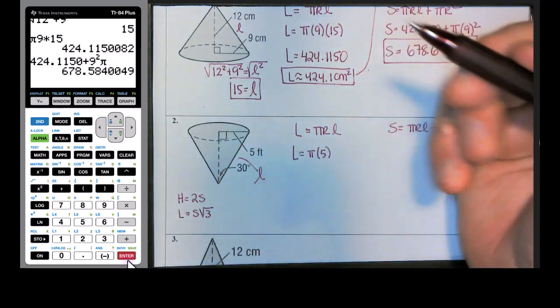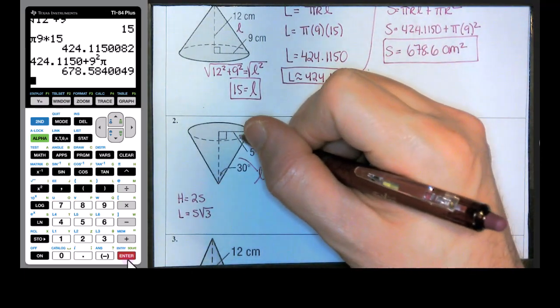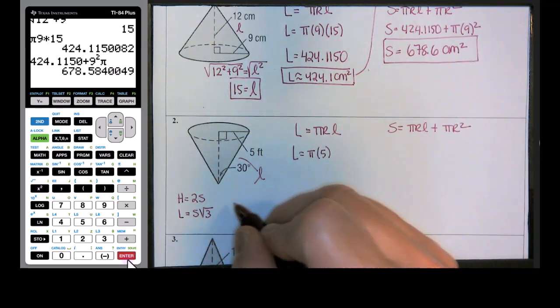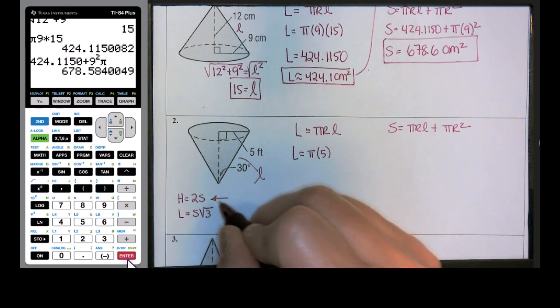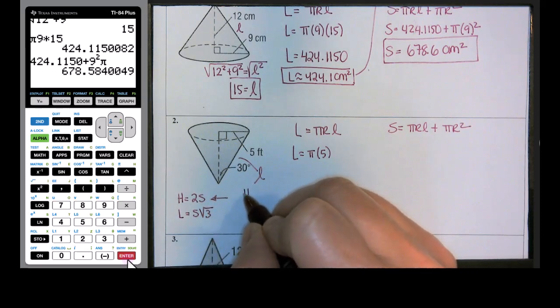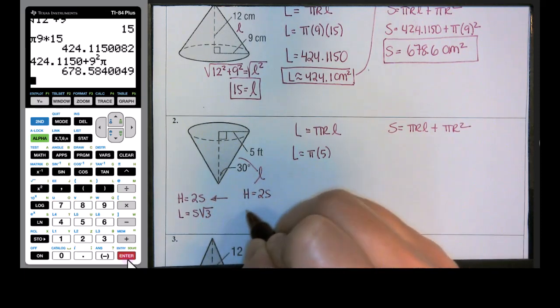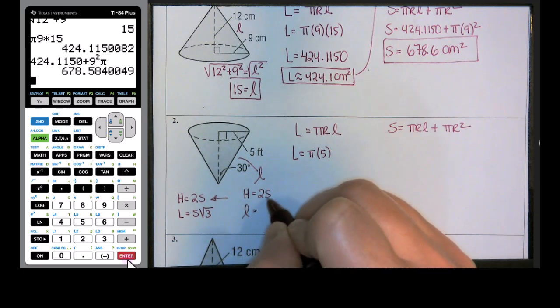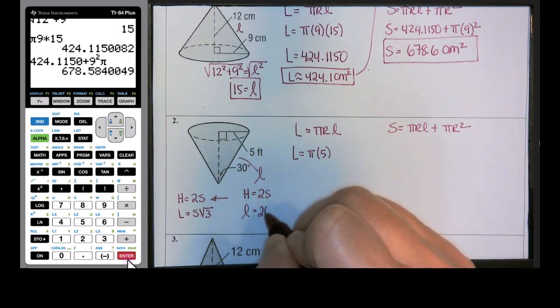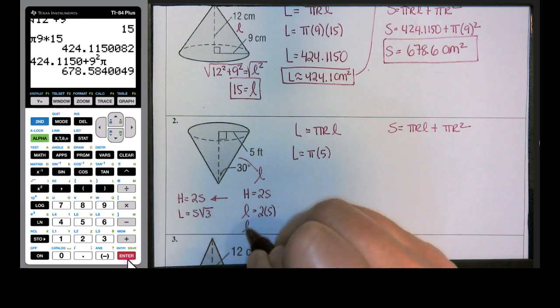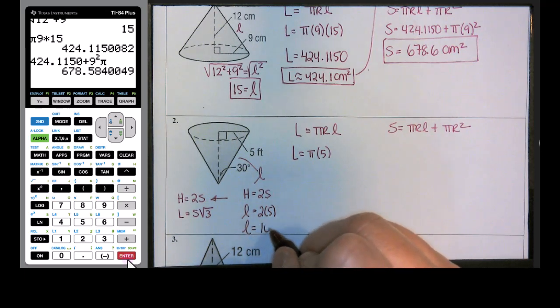For this problem, I need L and I have 5. So I can use this formula right here because the hypotenuse is L and the small leg is 5. So 2 times 5 tells me the slant height is 10.